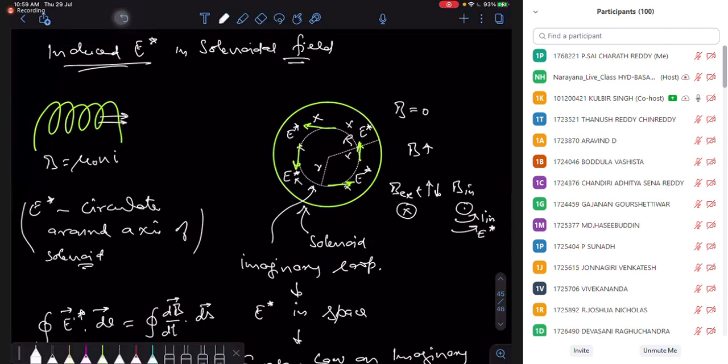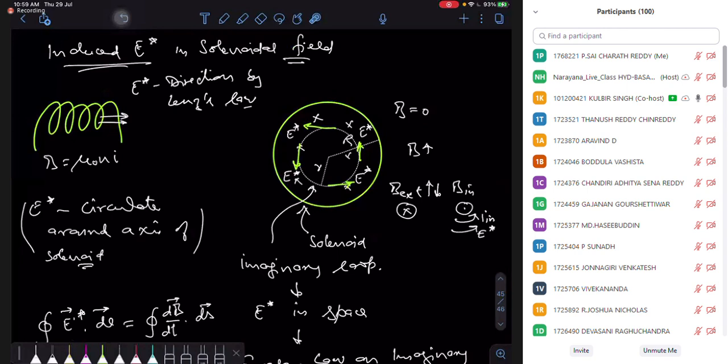If you want to write down a point here, the direction is given by Lenz's law. So no new rule is there for the E stars. The same Lenz's law gives me the direction of this E star.